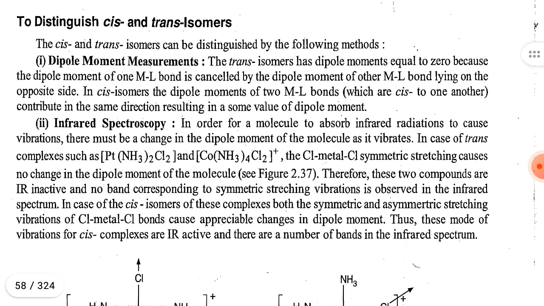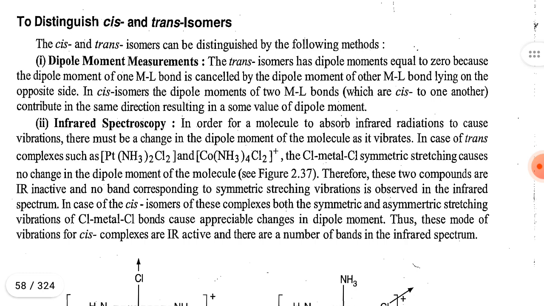Because the metal and ligand bonds lying opposite to each other cancel each other's dipole moment. That means because of the repulsion between the ligands, one metal-ligand bond cancels the dipole moment of the other metal-ligand bond. That's why the trans isomer's dipole moment is 0.